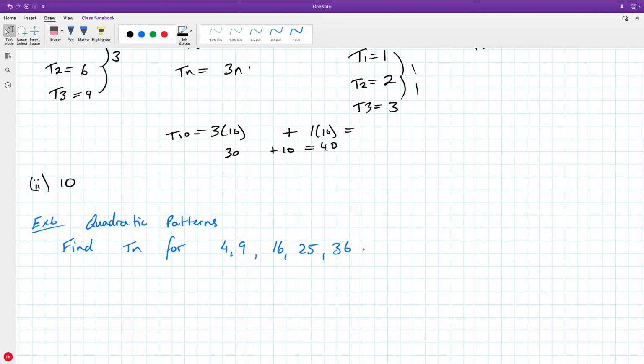Even T1, first term this time is 4. Right? First term is 4.